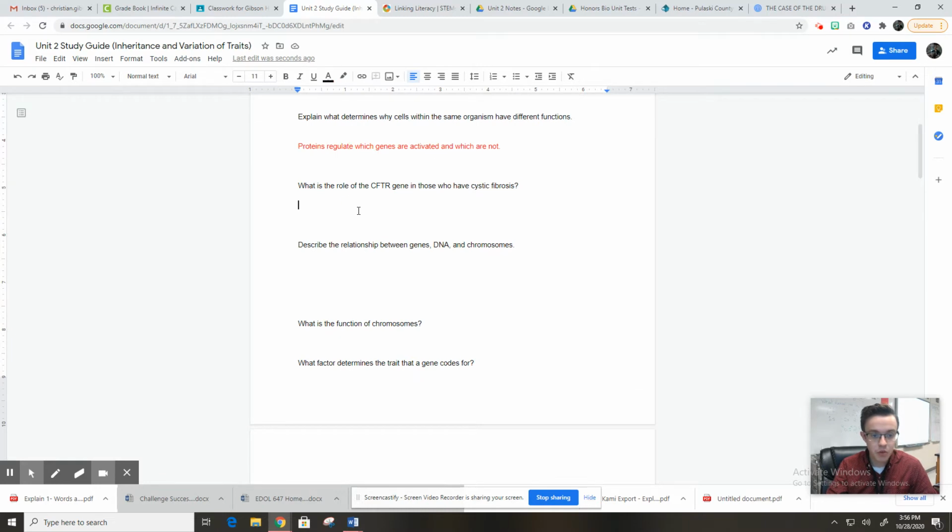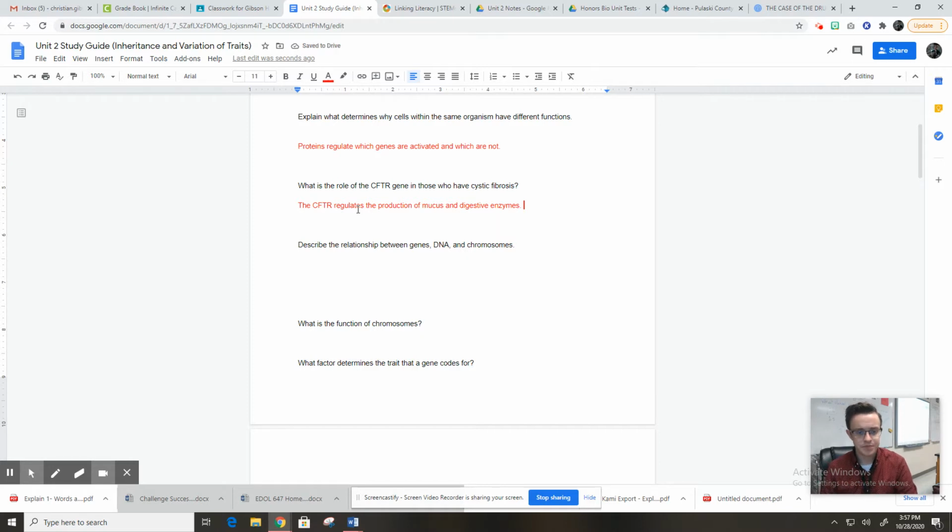What is the role of the CFTR gene in those who have cystic fibrosis? So the CFTR gene regulates the production of mucus in the body and digestive enzymes.